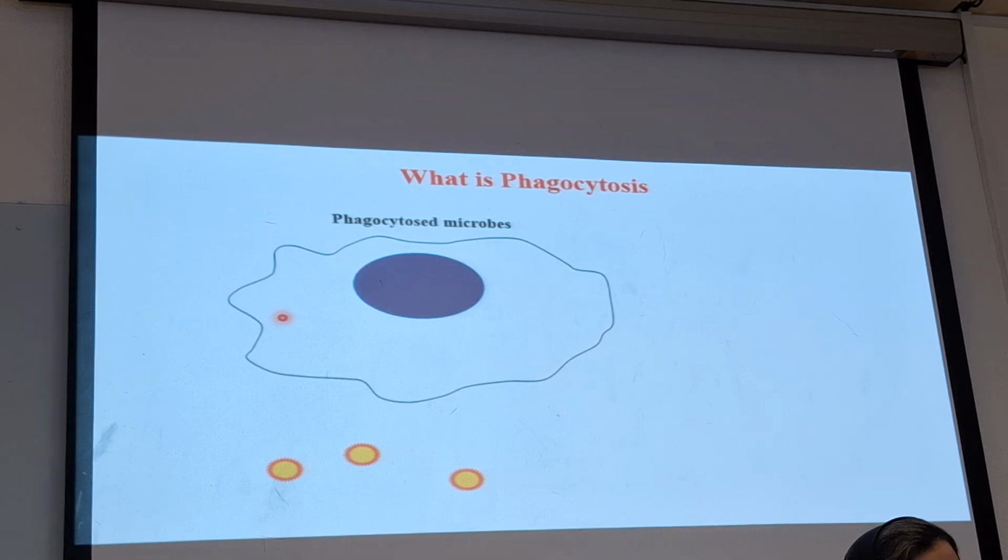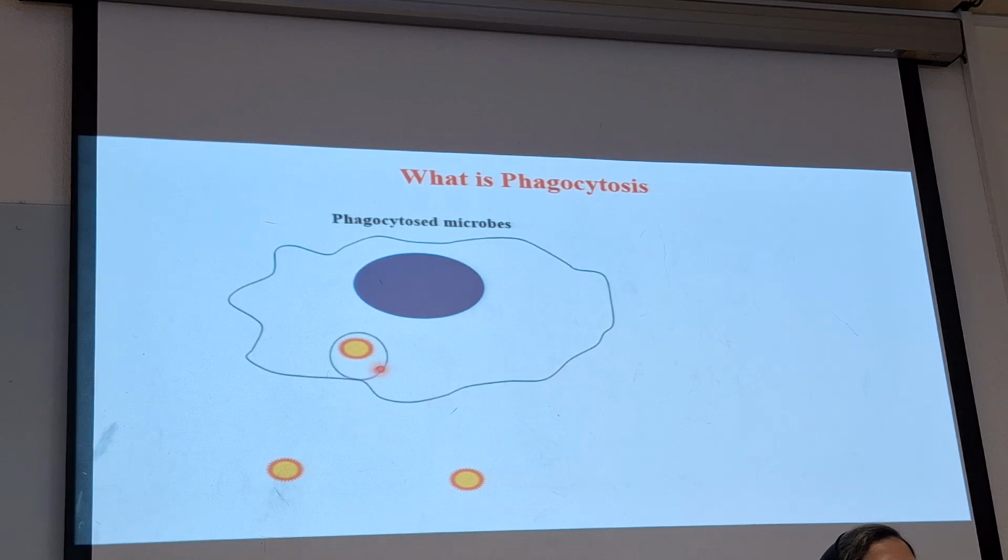When a pathogen enters our body, our innate immune cells like macrophages, through their pattern-recognition receptors, sense the pathogens, surround them, and eat them, capturing and taking them up through an endosome.